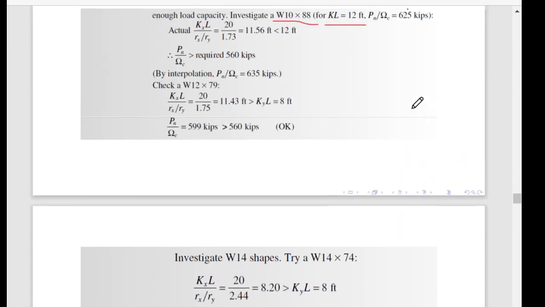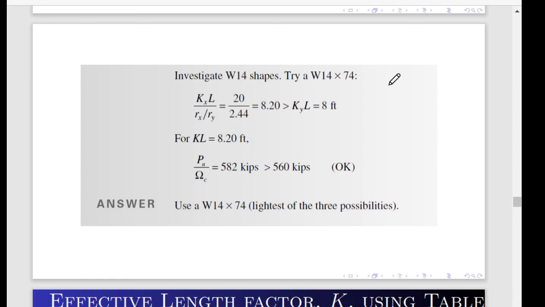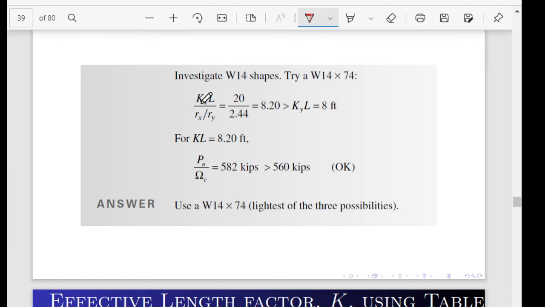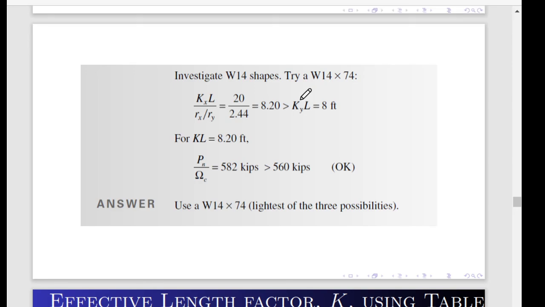So, okay. The next to investigate is the W14 shapes. The same procedure, you will find 2.44, which is the value we assumed earlier, slightly lesser than 2.5. So the strong axis, the strong direction, still controls. You will get this KXL equal to 8.20, greater than 8.